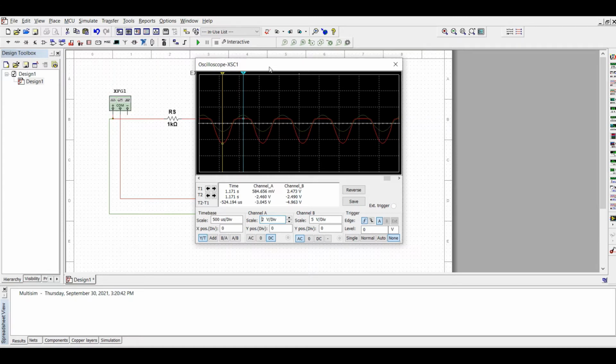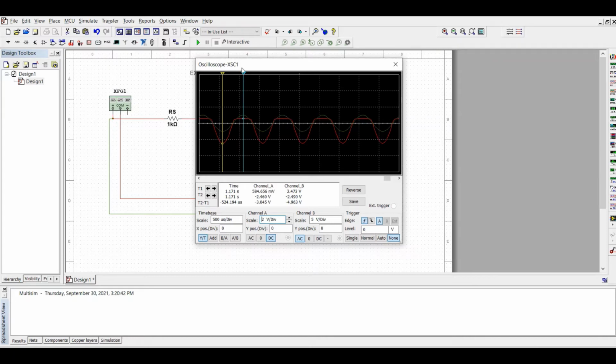How will you measure it now? Below the screen, you have a tab which shows you time, channel A, channel B. Channel A is the output waveform. So the magnitude of output waveform, if you see, it is T1, indicating that cursor 1 is measuring the output waveform.